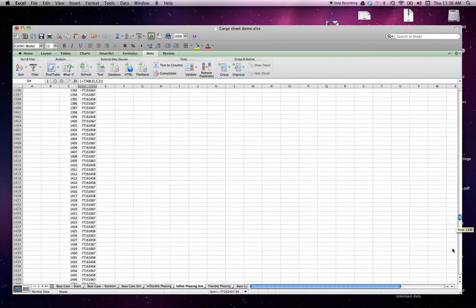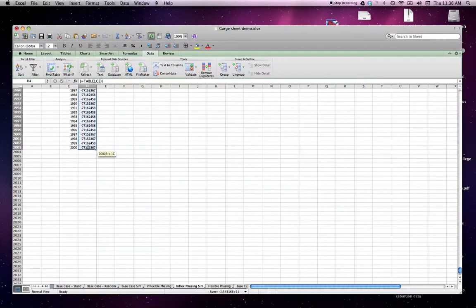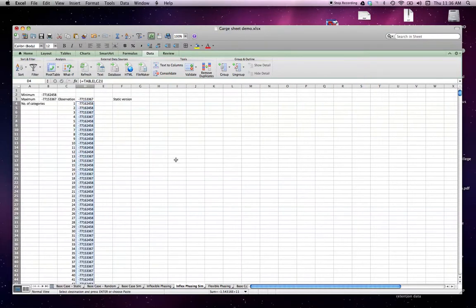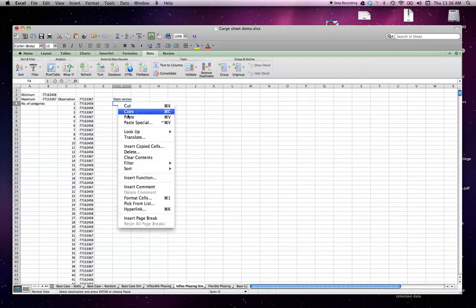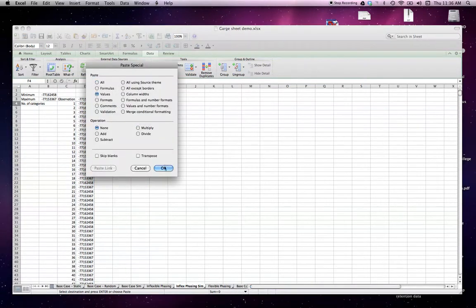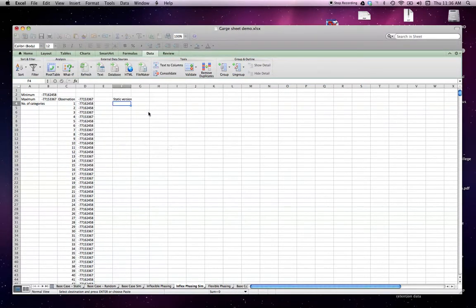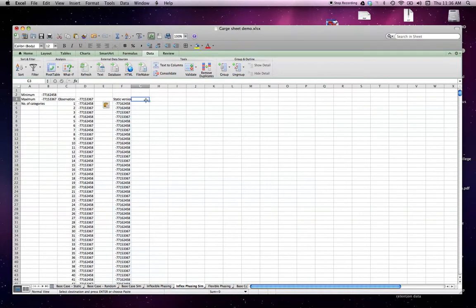Okay, let's do it one more time. Copy, paste special, values, and then let's divide by in millions. So we're going to take this and divide by 1,000,000.